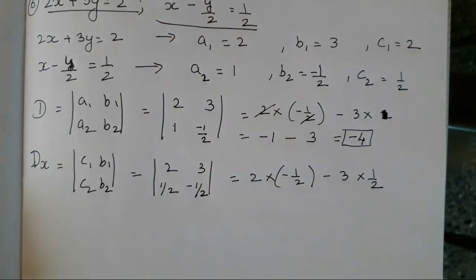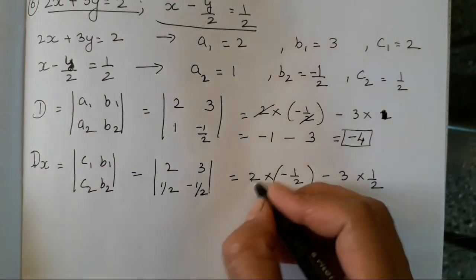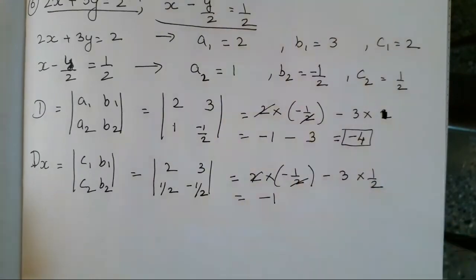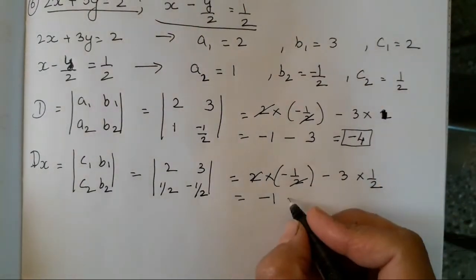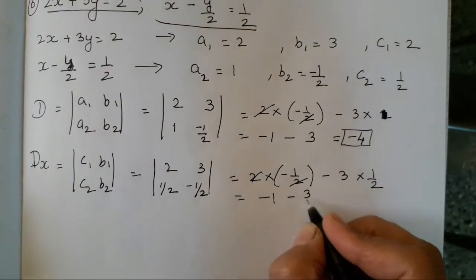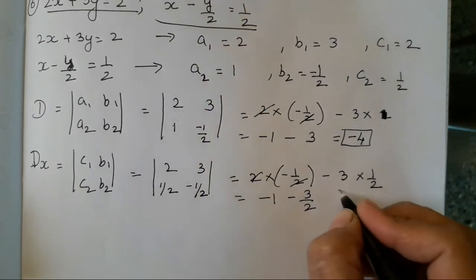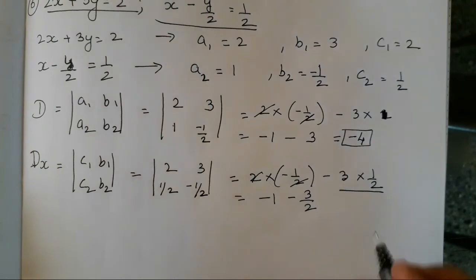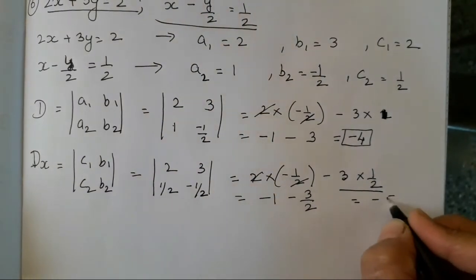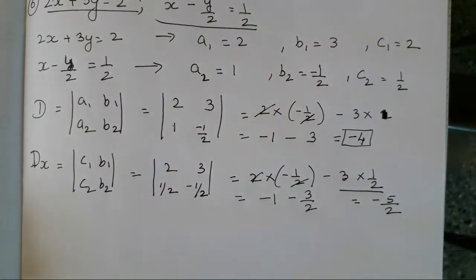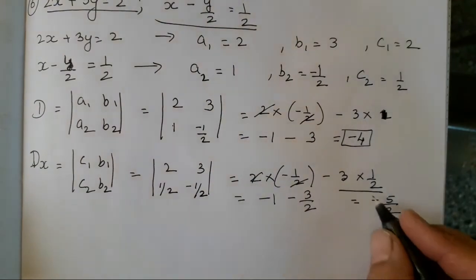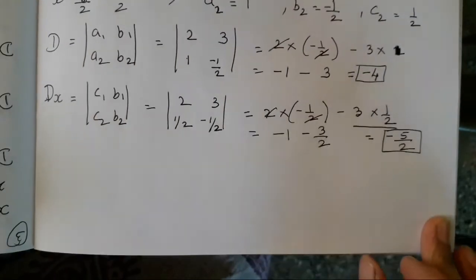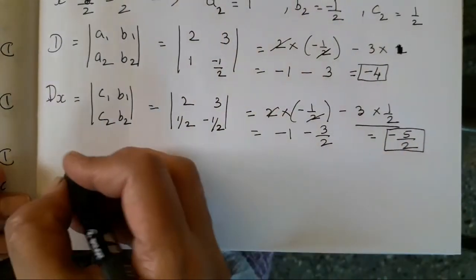Again the same thing, minus 1 will remain over here, and over here 3 ones are 3, so it is going to be minus 3 upon 2. You have to multiply this 2, and this 2 will come over here. Minus 5 upon 2. I hope you all know how to do the subtraction. Now you have got your dx.